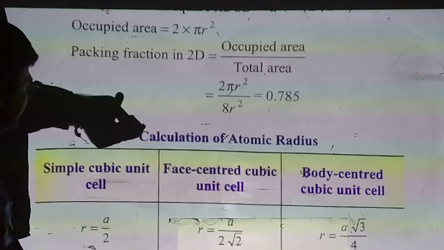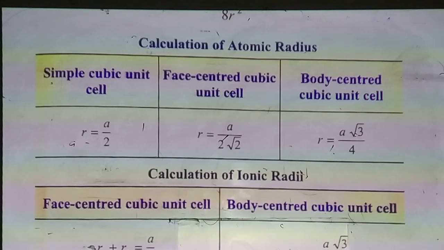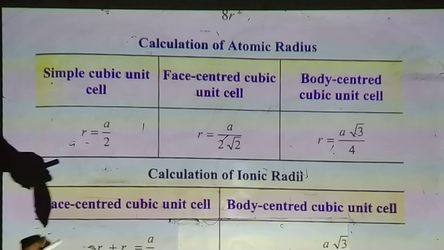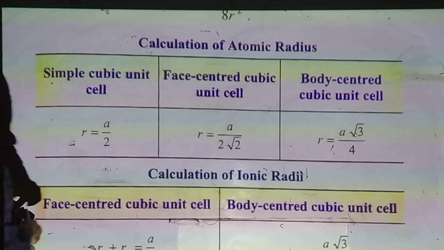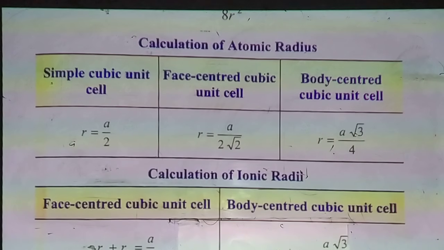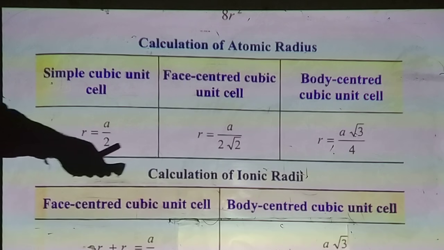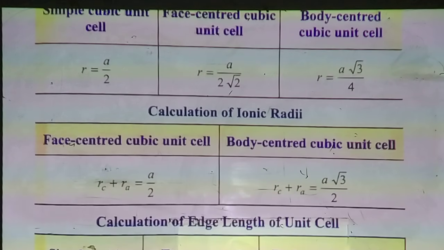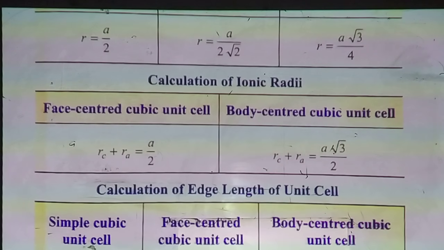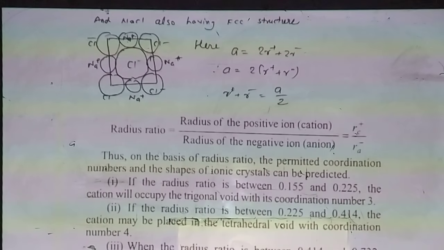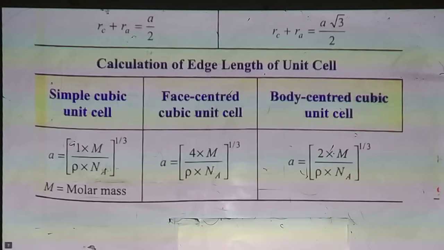Now some relations, calculation of atomic radius. In a simple cubic unit cell, R is equal to a by 2. In a face centered unit cell, R is equal to a upon 2 root 2. In BCC, R is equal to a root 3 by 4. We discussed these. But in the calculation of ionic radius, it is something different.